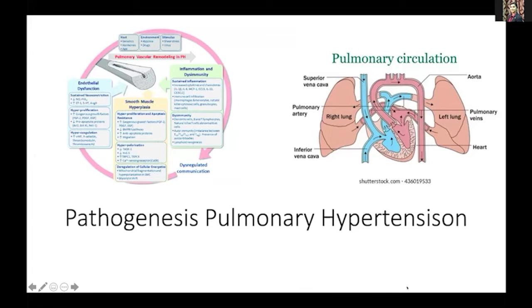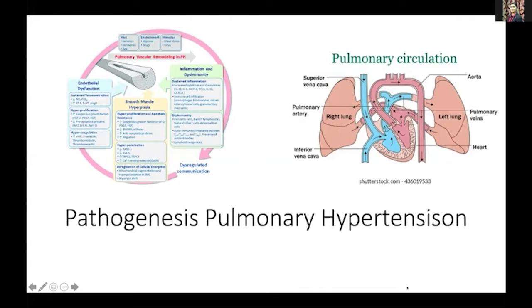Other things like infections, hypoxia, drugs, and other stimuli like shear stress or some virus infection. I haven't seen it yet, but I suspect with COVID-19 we will hopefully see patients who have pulmonary hypertension secondary to COVID-19, but that's not reported so far.